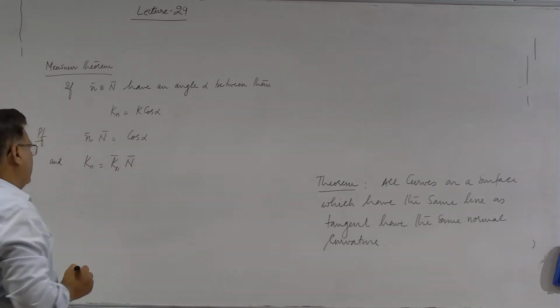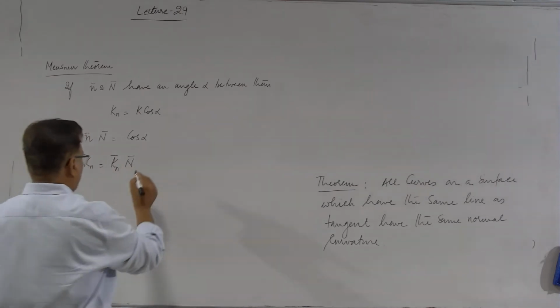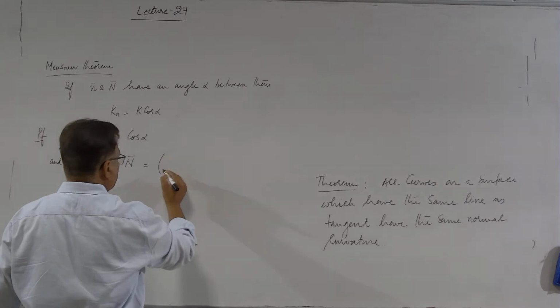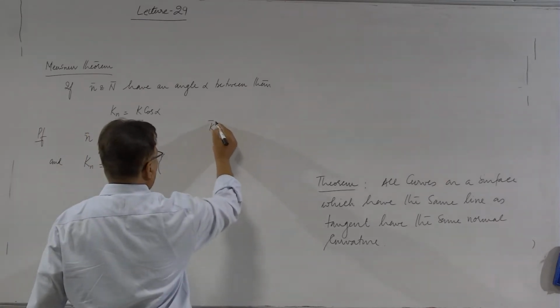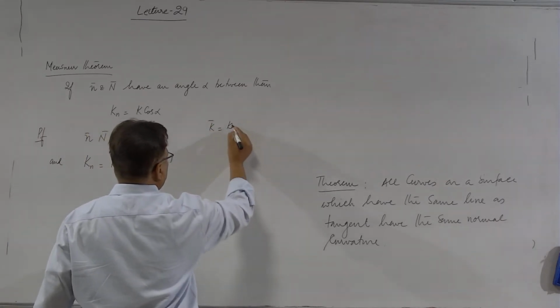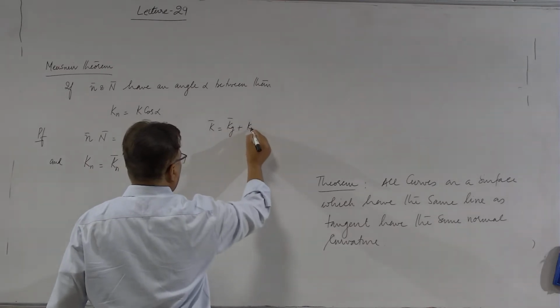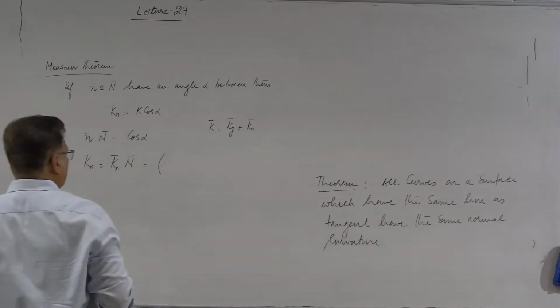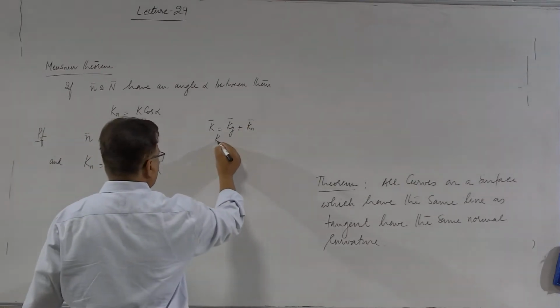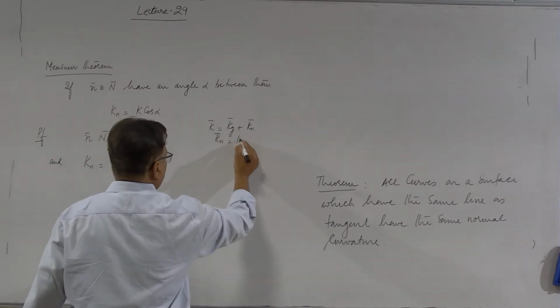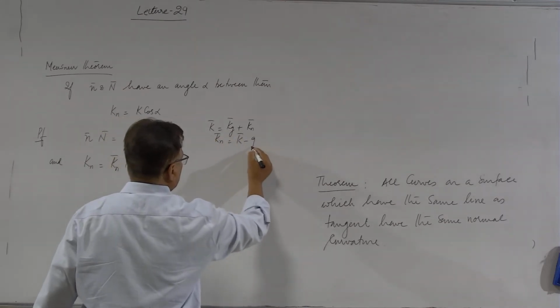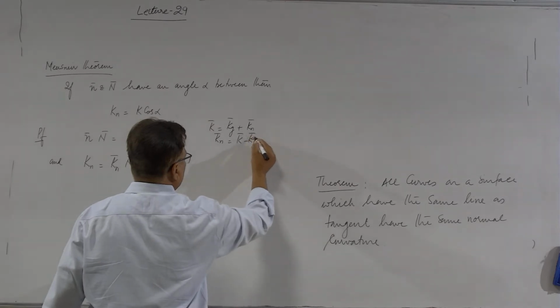Kn bar can be written as, you remember that K bar equals Kg bar plus Kn bar, and therefore Kn bar is equal to K bar minus Kg bar.